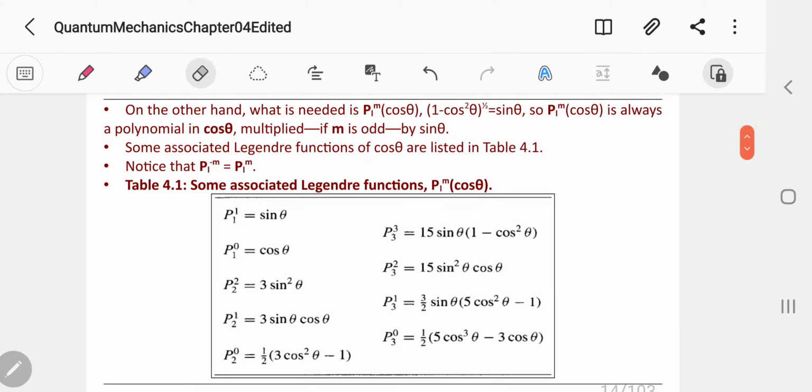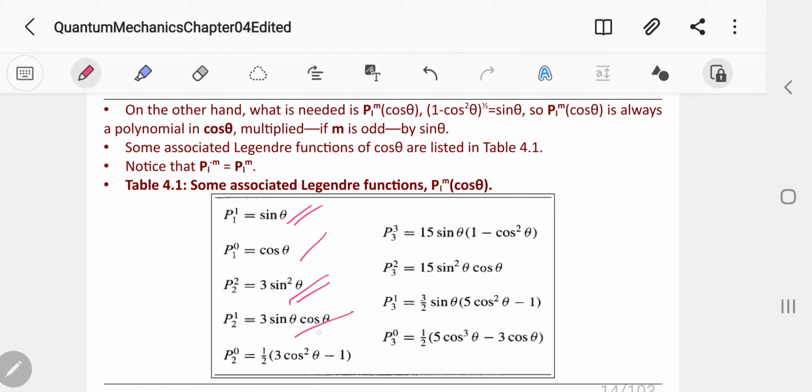So you have here some associated Legendre functions. There are quite a few. You have P_1^1 is just sine theta, P_1^0 is cosine theta, P_1^(-1) is also this one. Here is P_2^2, and this is also equal to P_2^(-2).